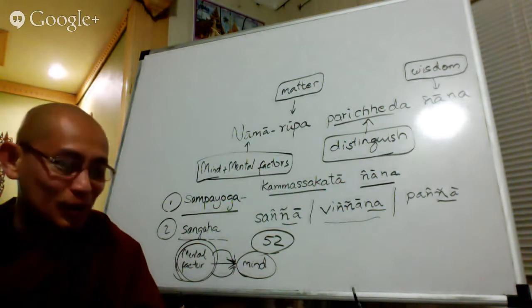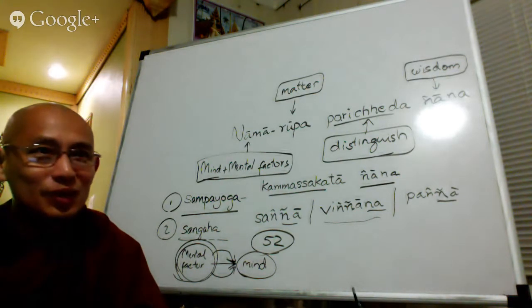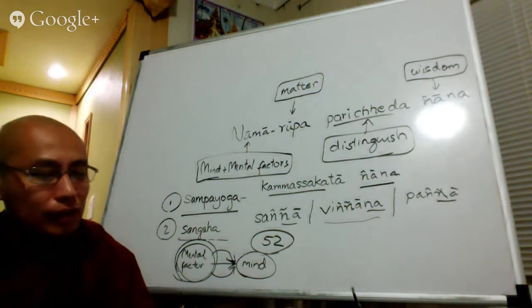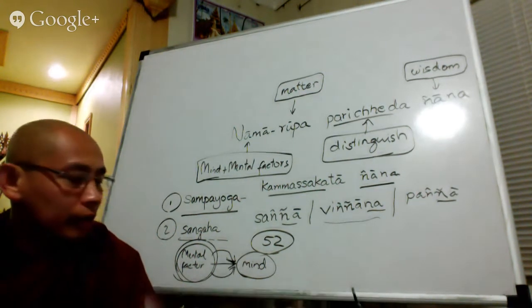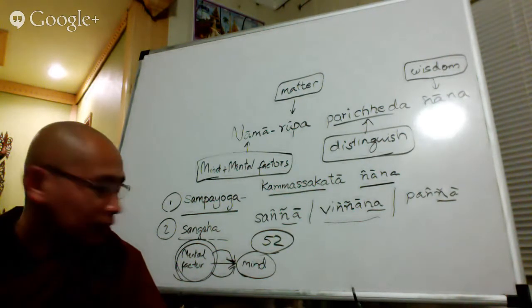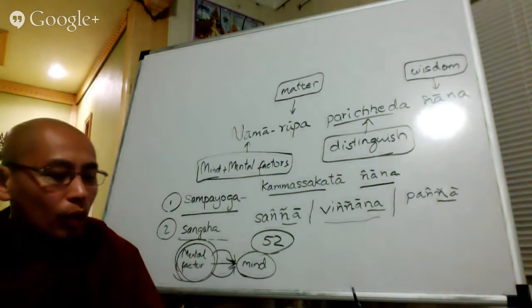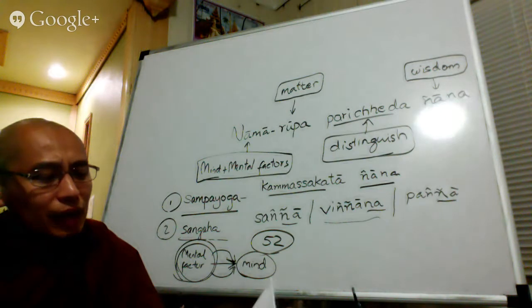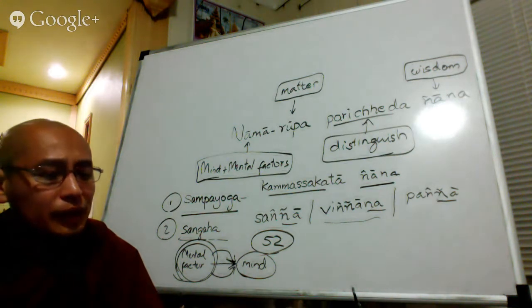This is very easy, not too much to think about. But the next method, the second method: the 6 Pakinnaka. The next group is the 6 Pakinnaka, occasional or particular mental factors.